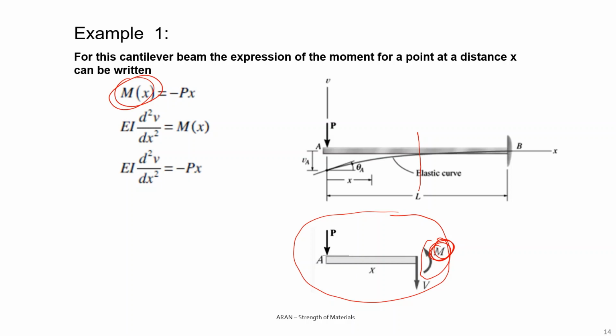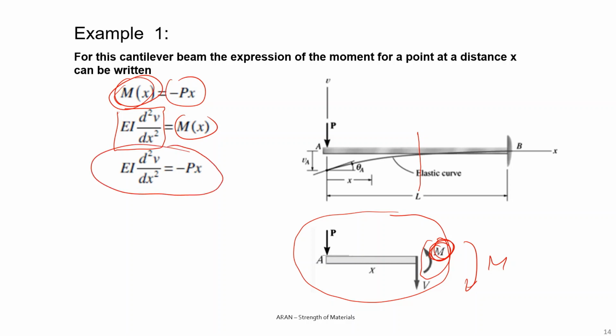equals minus Px. You see, this is the correct direction of the x, and it has a negative value, and M is equal to E times I d square v over dx square, and this is my function where I have to start my integration.